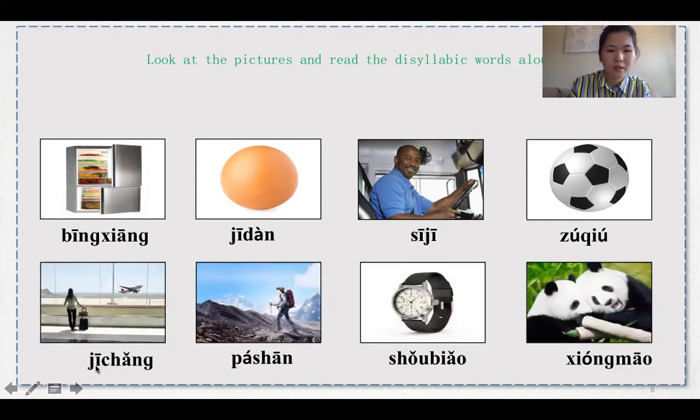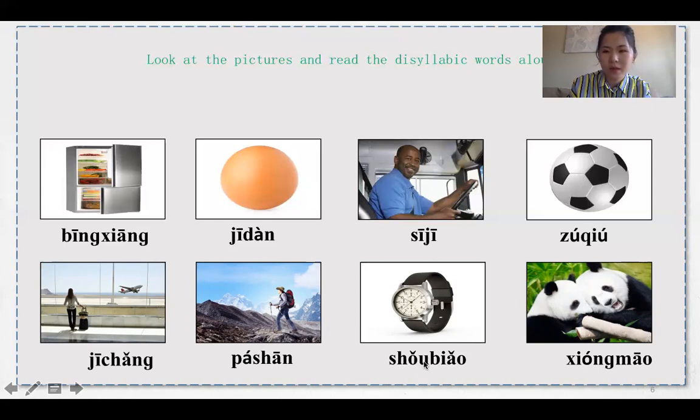Okay, this one, how do you say? 机场. Third tone, 机场. Okay, this one, how do you say? 爬山. This one.